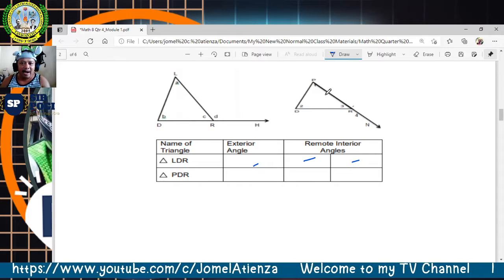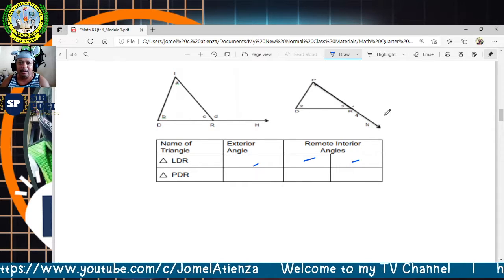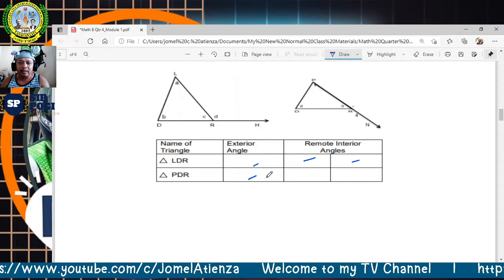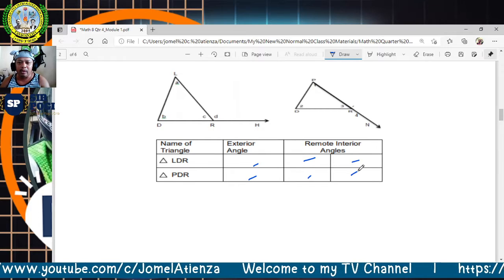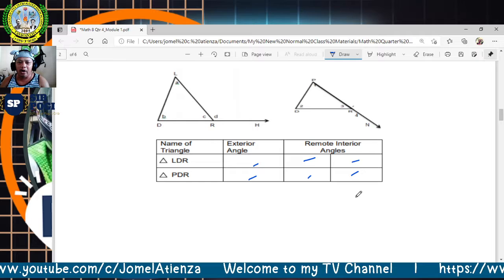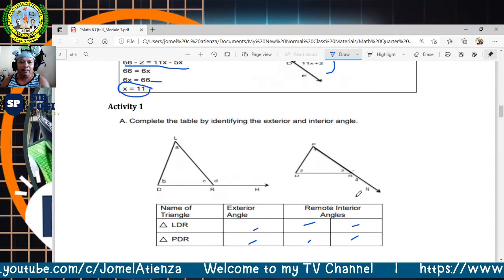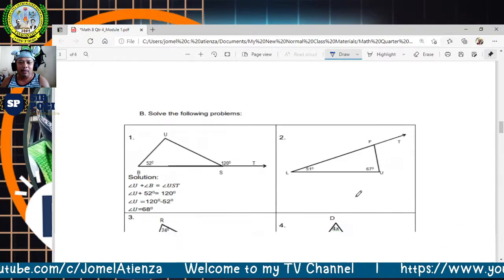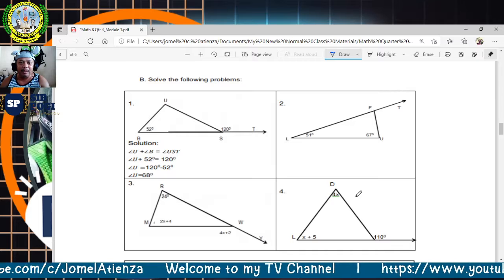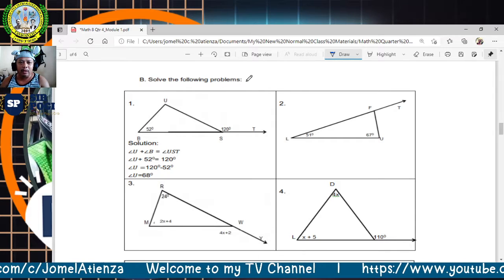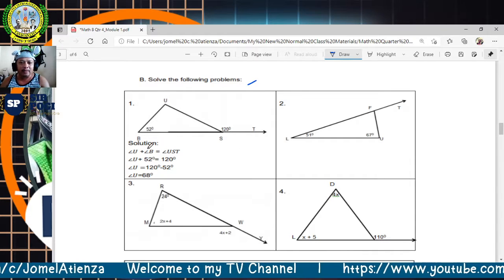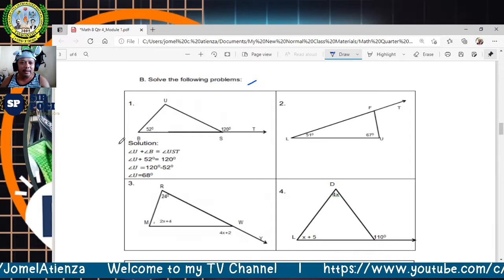The same as in triangle PDR. So, what are the exterior angle and the two remote interior angles? That is how easy our activity number 1 is. And then, for set B, you are going to solve the following problems. Number 1 is given to you.